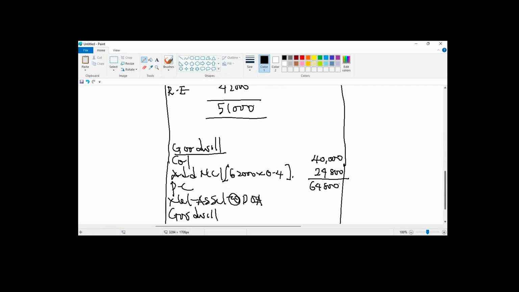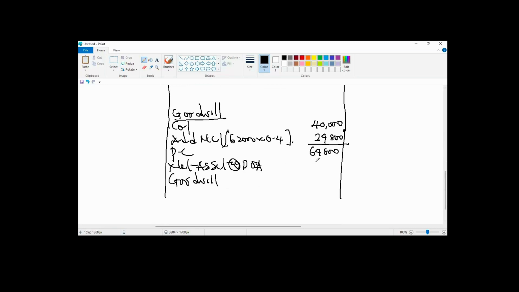Less the net assets, the goodwill: 64,800 minus 51,000 is 13,800.